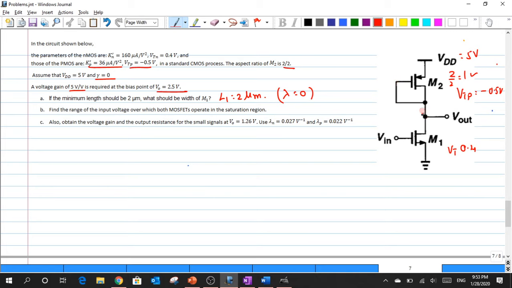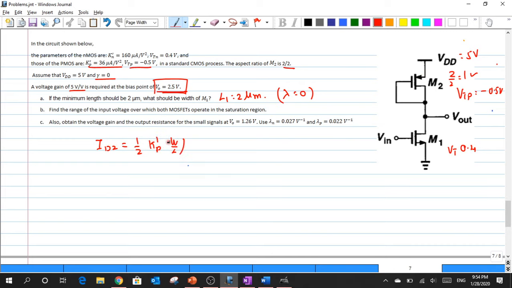First, let me compute the ID2 current, the current that flows through this M2 transistor. Since there is a current flow, a diode connected transistor will be operated only in the saturation regime, so I can use the saturation current equation, W by L and then VGS2 minus VT, the whole square.